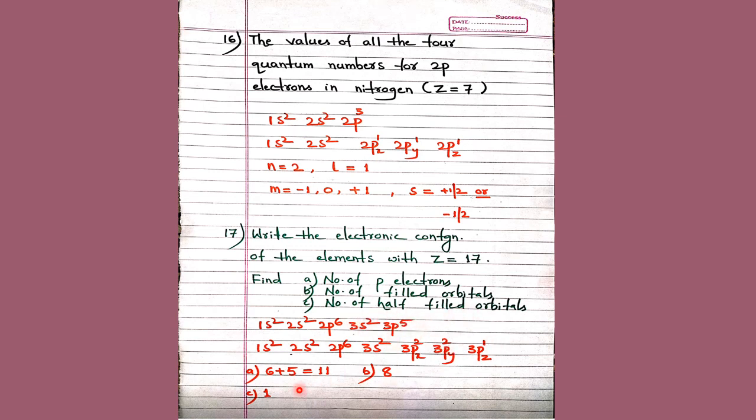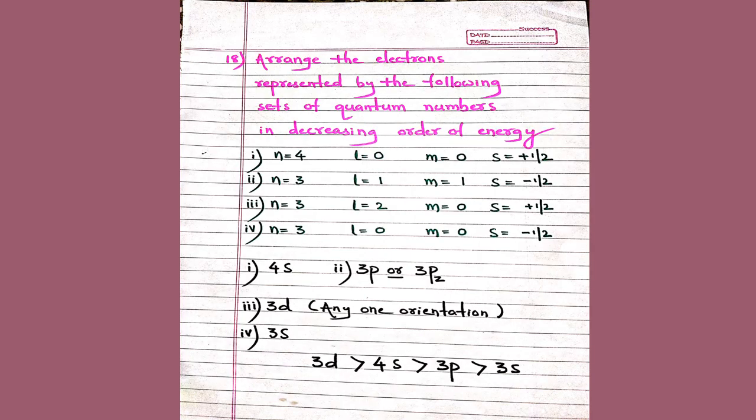Now arrange the electrons represented by the following sets of quantum numbers in decreasing order of energy. n equal to 4, fourth level. l equal to 0, it is the 4s orbital with no orientation, one electron with that spin. n equal to 3, l equal to 1, so it is 3p.